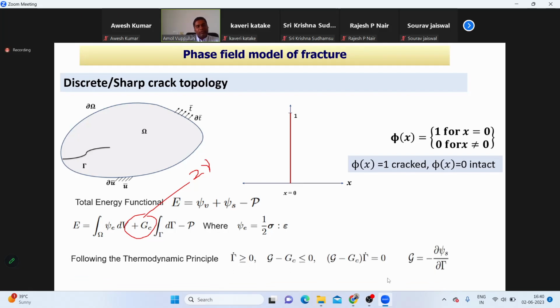So while we are solving the problem by considering a sharp crack, we are also making sure that the thermodynamic laws are taken care of. You cannot violate the basic thermodynamic principles, such that the surface area of the crack always grows.